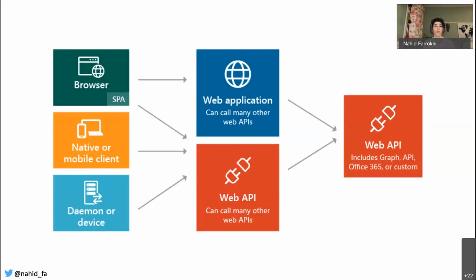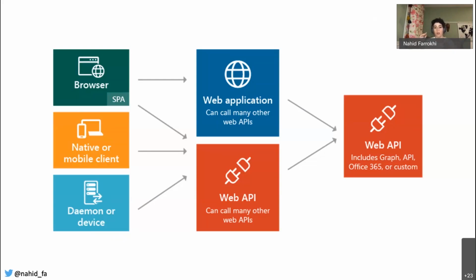Server-based or no-UI applications, like devices, connect with the web APIs. Web applications connect to the web APIs as themselves or on behalf of the user. Also, web APIs can communicate with each other, again, as their own or sometimes on behalf of the user.